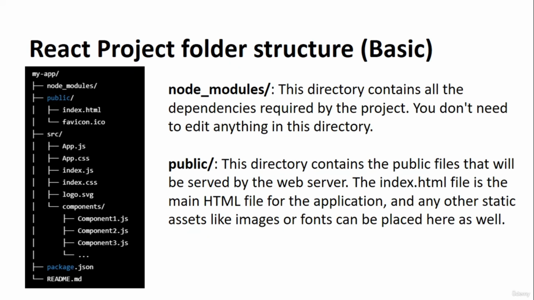The most important thing is that you don't need to edit anything in this directory, because these are the packages, or we can say libraries, which are required. We never do anything inside that directory.